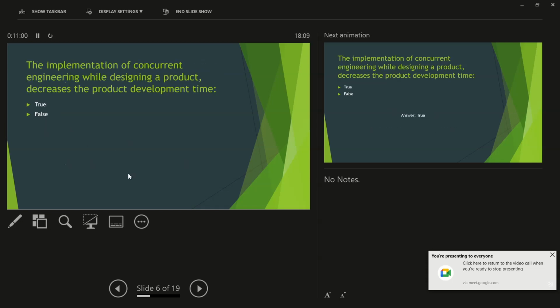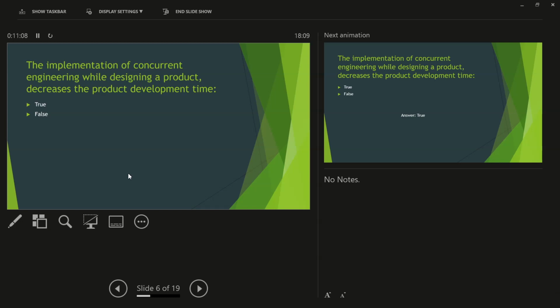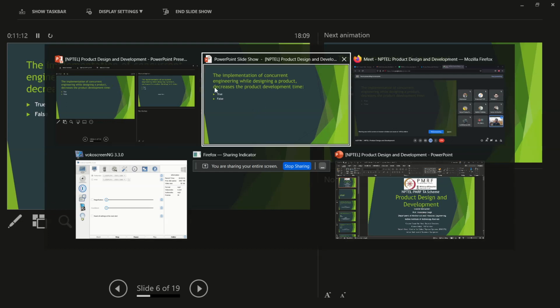Coming on to the next question: the implementation of concurrent engineering while designing a product decreases the product development time. Whether it is true or false? Can you explain why?